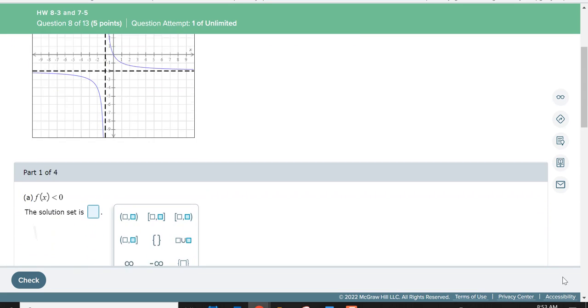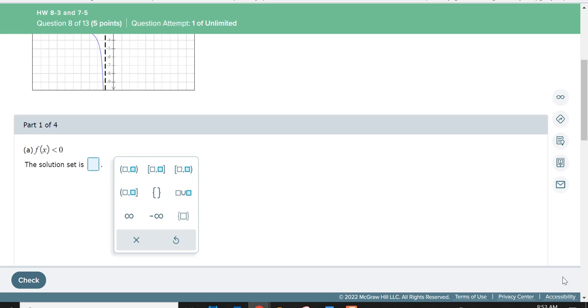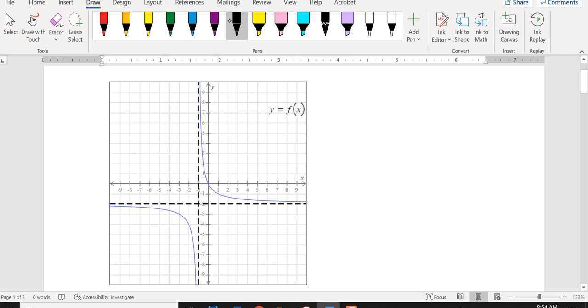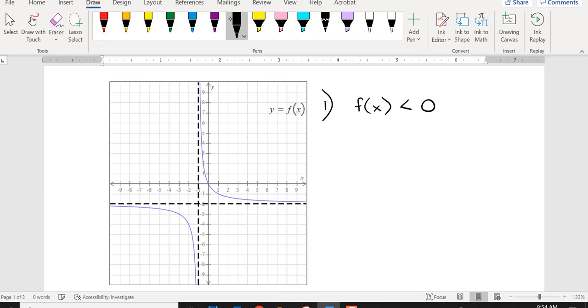So part 1 asks, where is f of x less than 0? I've copied it here. Less than 0 corresponds to being underneath the x-axis.